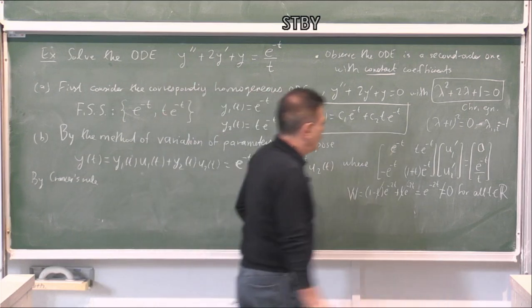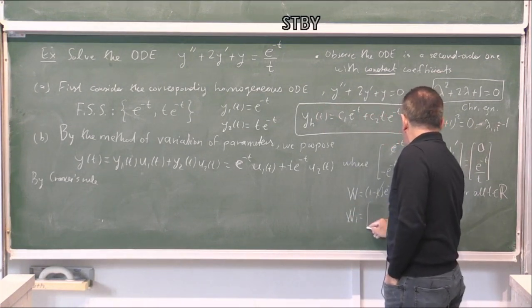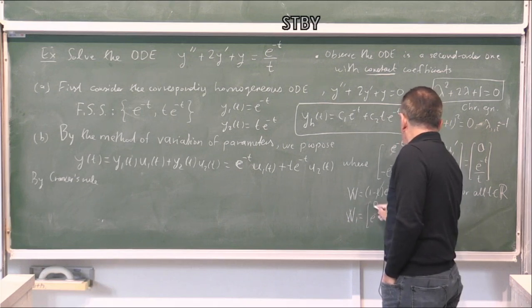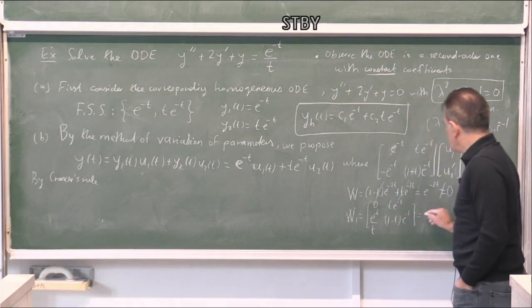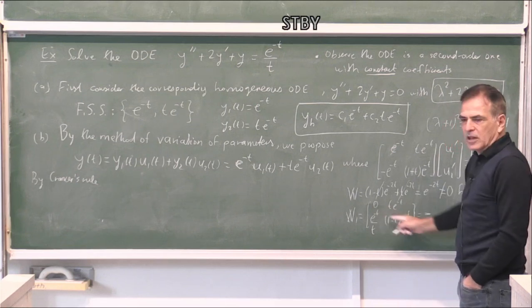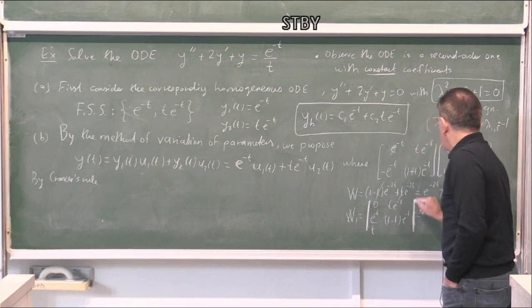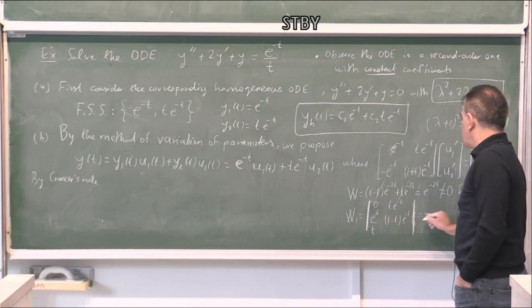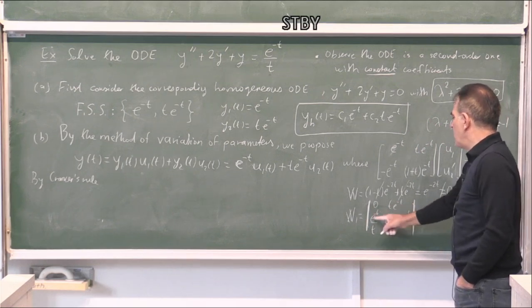Right? So omega 1 is the determinant of what? 0, e to power minus t over t, t e to power minus t, 1 minus t e to power minus t, which is, minus t and t cancel each other out. I'm taking the determinant, so we have e to power minus 2t with a minus sign.